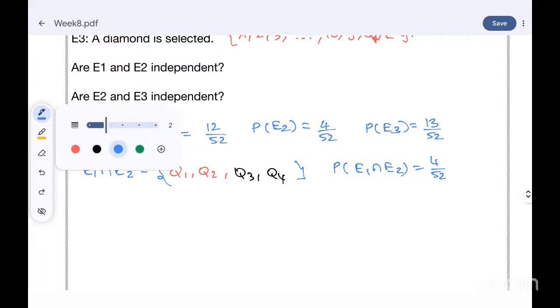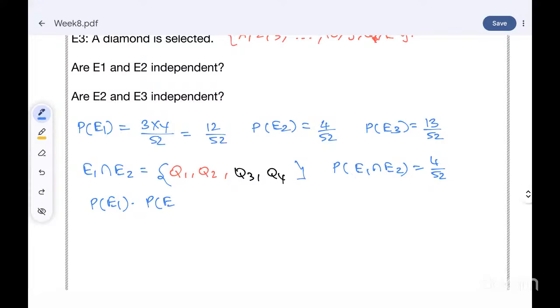What is the probability of E1 into the probability of E2? 12 by 52 into 4 by 52. Is it the same as 4 by 52? No, obviously not. So E1 and E2 are dependent.